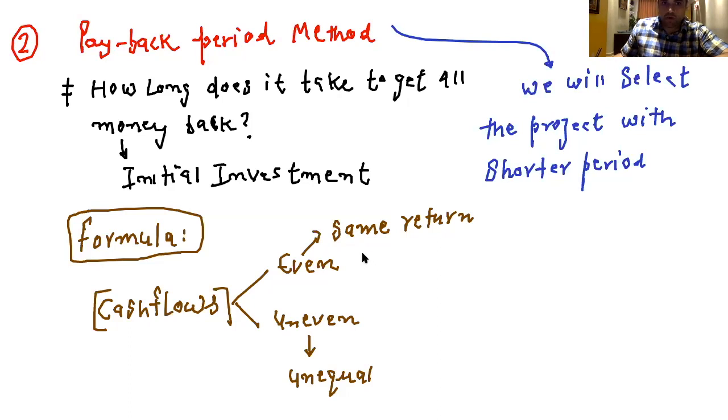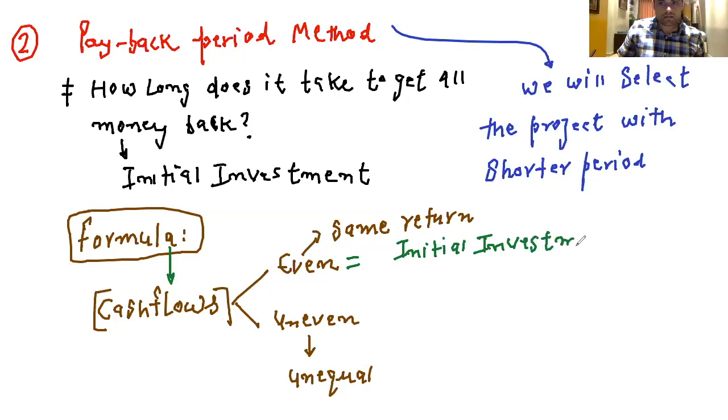So let's talk about the even cash flow payback period method. Now the formula for even cash flows is the initial investment, the money that you invested initially in order to start the business, divided by the annual return.